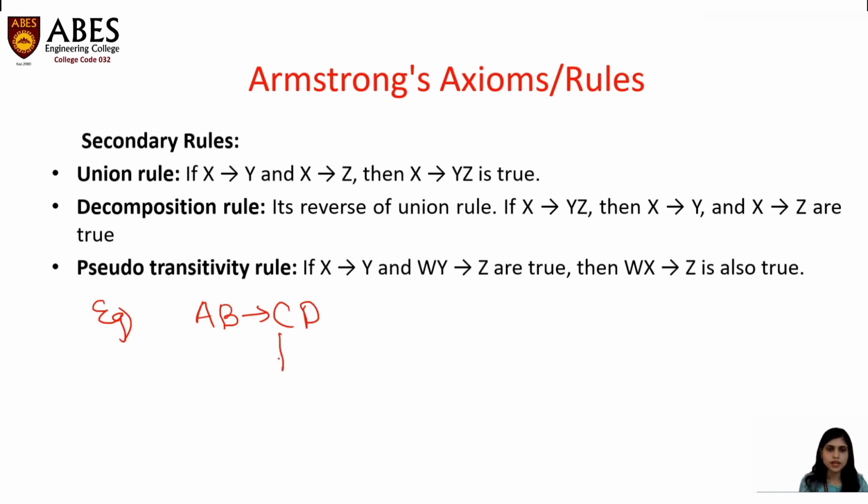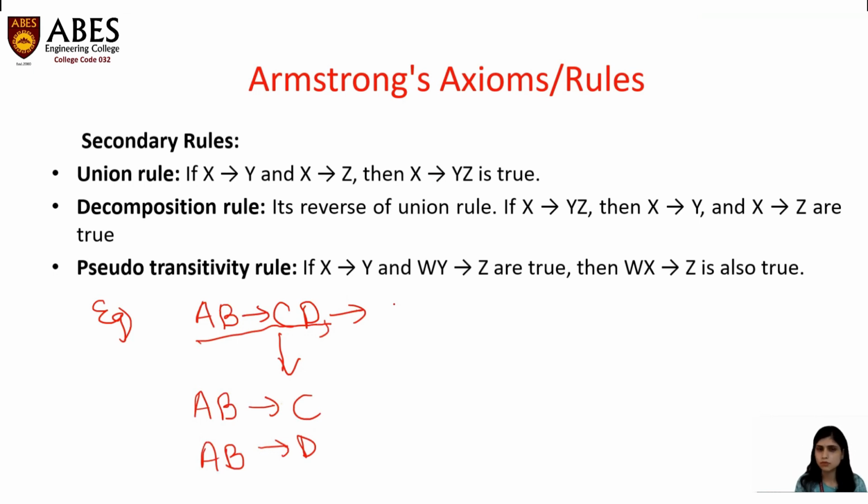So we can write it down as AB implies C and AB implies D. Clearly in this functional dependency, we can apply union and decomposition. If we write C and D separately, then it will be called decomposition. And if we combine both C and D attributes together, then it will be called union.